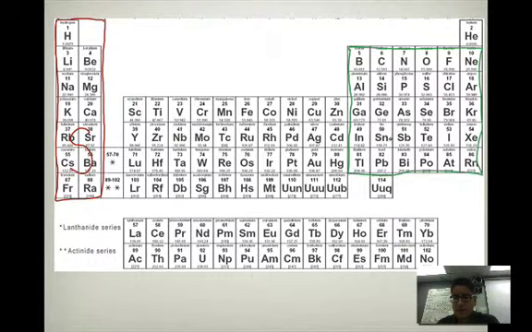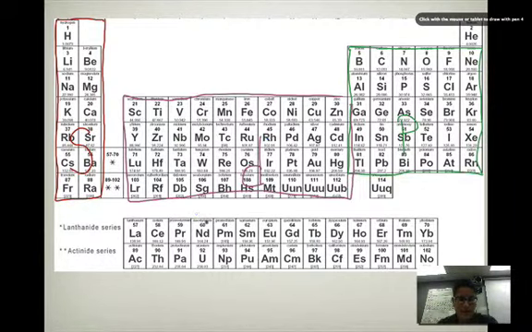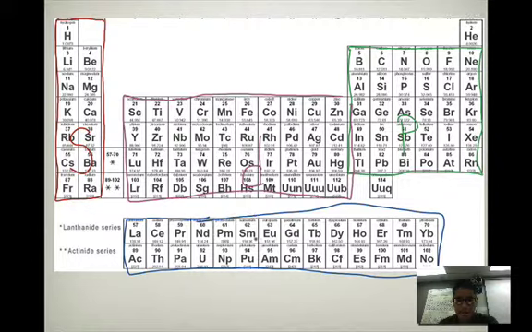These are my p orbitals. And then in the middle, my transition metals are my d orbitals. And then last but not least, my lanthanides and actinides. These are my f orbitals.